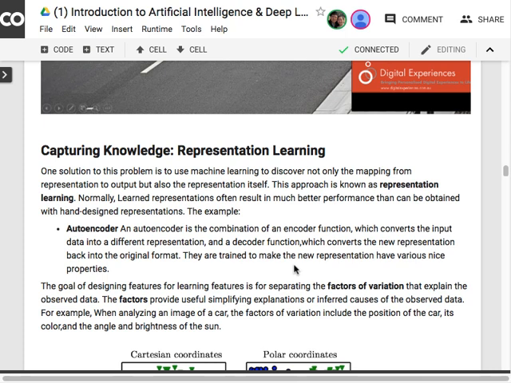Representation learning: you can see that when a problem happens, most of the bottlenecks of AI involve the human part all the time.